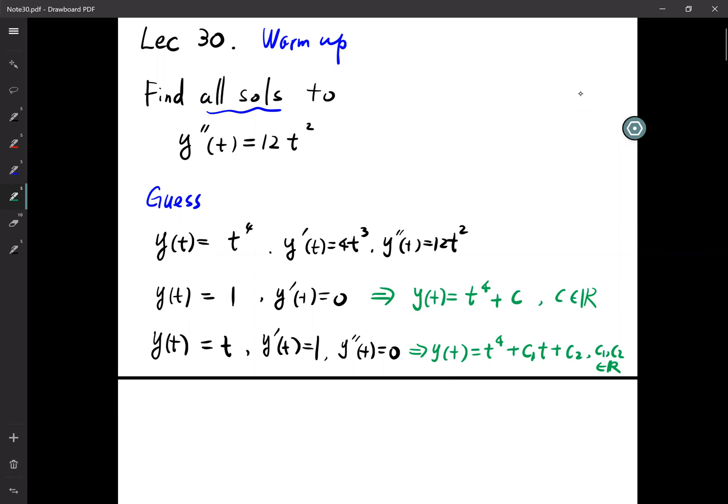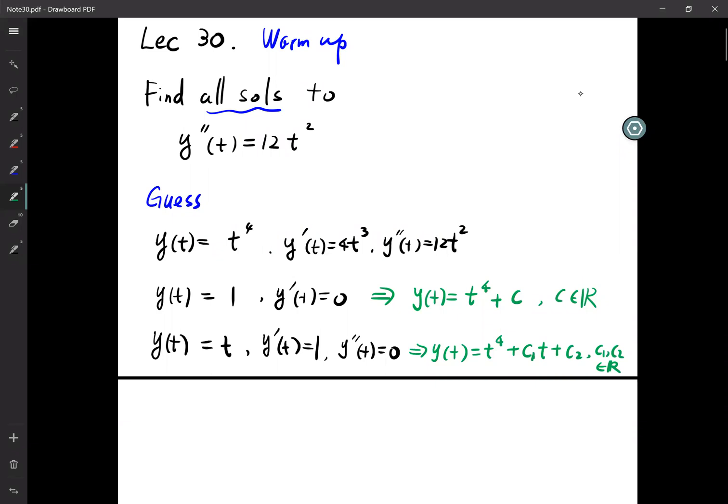It's not only an infinite number of them, but it's actually infinite dimensional, because 1, t squared, t cubed, t fourth, and so on, each of them is linearly independent from before. So it's an infinite dimensional linear space. How can we be sure there is no other solution?